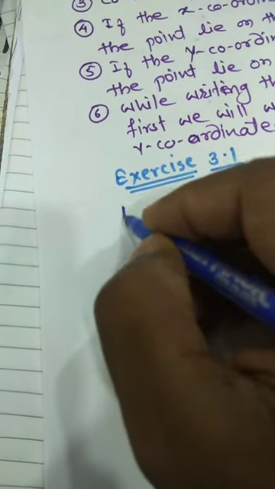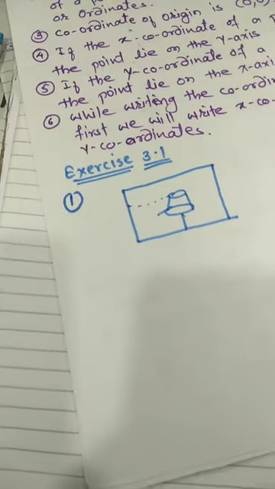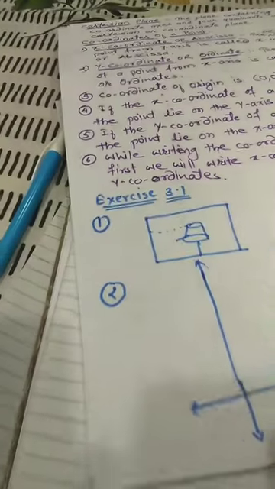So this is the answer of the first question. Now, how to write the answer of the second question? I am just giving the explanation of how to write the answer. For that purpose, we have to draw the north and south directions, like this.